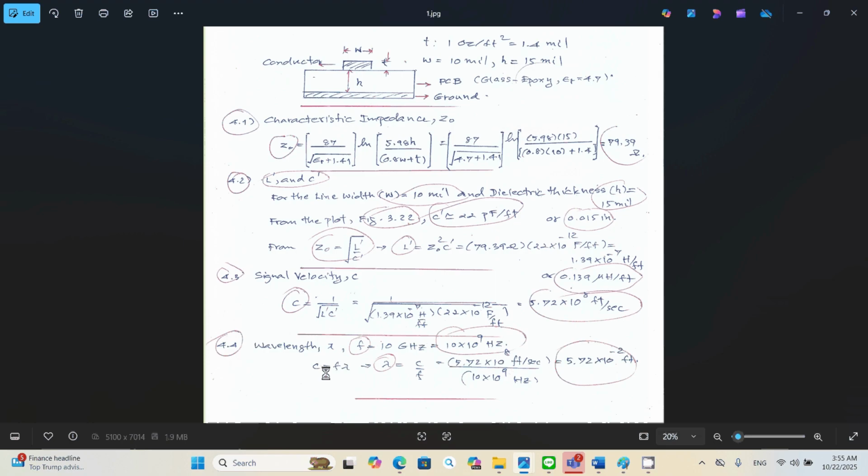From the relation c equals f lambda, your lambda is simply equal to c over f. You end up with lambda equal to 5.72 times 10 to the negative 2 feet. That's very straightforward for this problem.